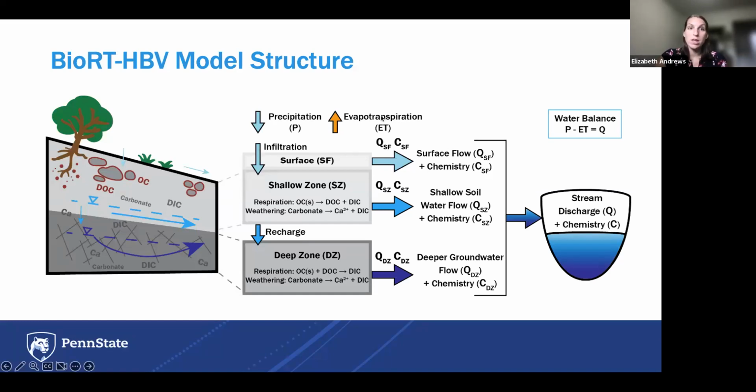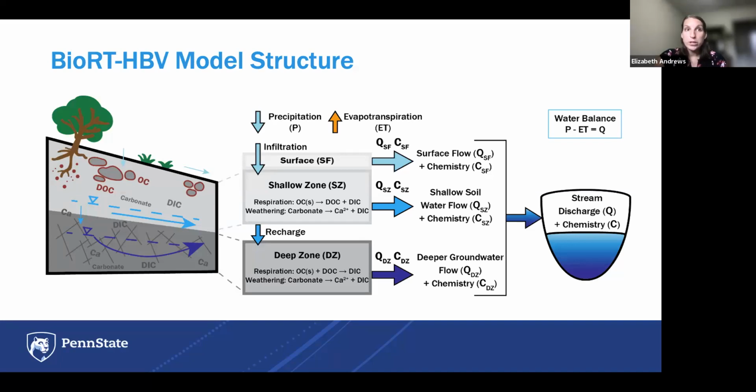If we look at the center part of the panel, we have our inputs and our outputs in each of these boxes. So HBV BioRT is a bucket type model that represents the three zones as different buckets with inputs and outputs. So we have precipitation and evapotranspiration balancing with discharge out of the system as the water balance.